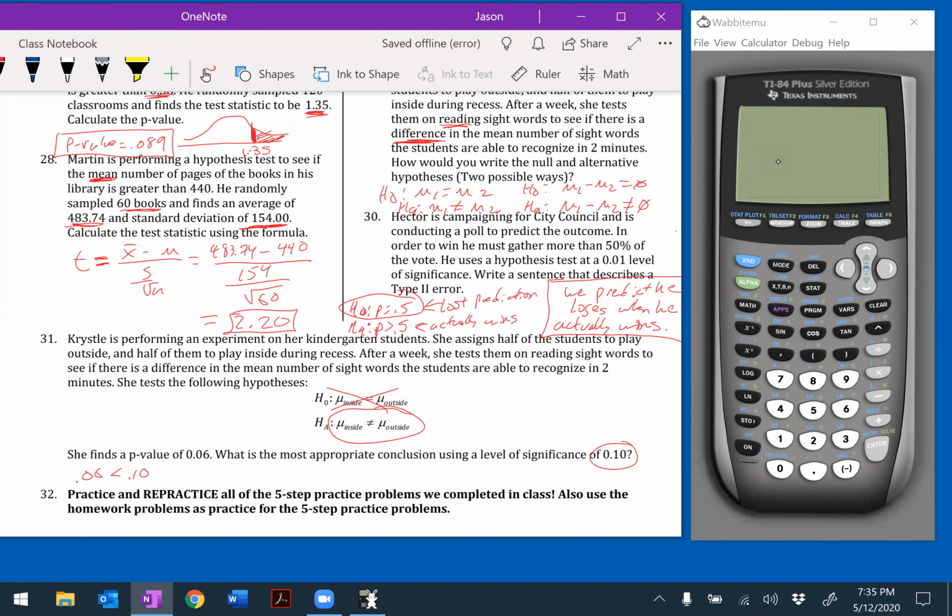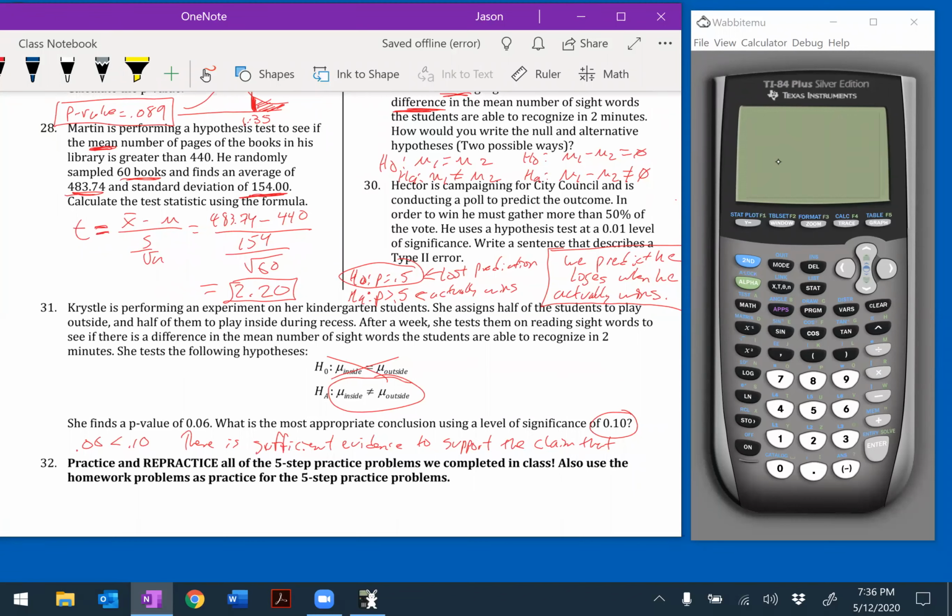So what's the conclusion? The conclusion is that there is sufficient evidence to support the claim that the students in the different groups performed differently.